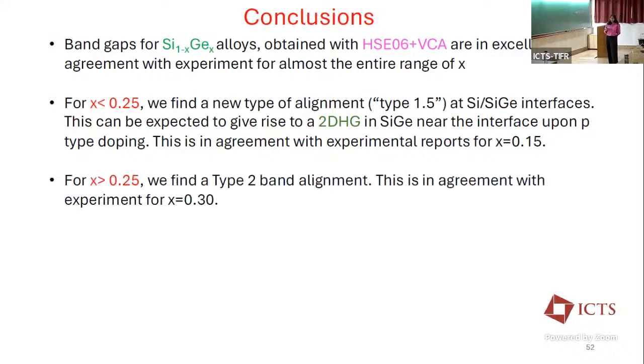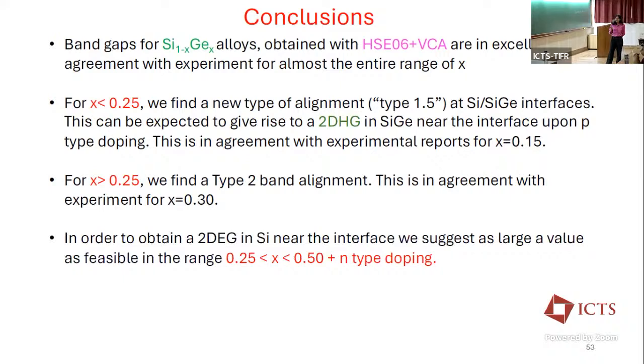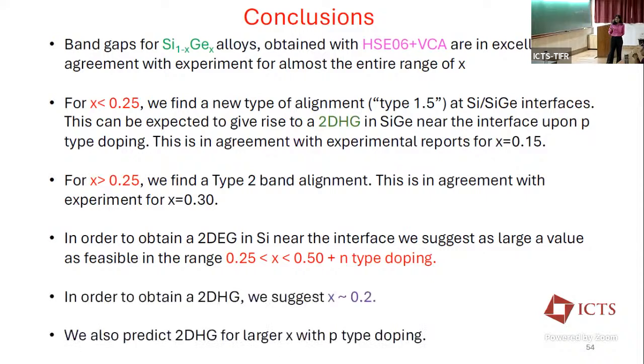For greater than 0.25 germanium concentration, we have type 2 band alignment, which is also in agreement with the experiment. And if you want a 2D electron gas, we suggest that you need X of 0.25 to 0.5 with N-type doping in silicon germanium, as I showed. And if you need a 2D hole gas, we need X around 0.2. We have also predicted that a 2D hole gas for larger X will also be formed if you have P-type doping in silicon germanium. So that ends. Thank you.